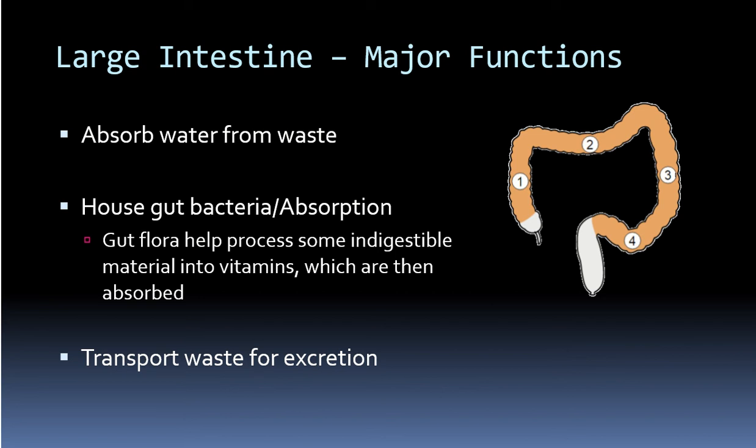And then the last major function is to simply transport waste material that could not be digested nor absorbed, as well as waste products from the body, so that it can be excreted past the rectum.